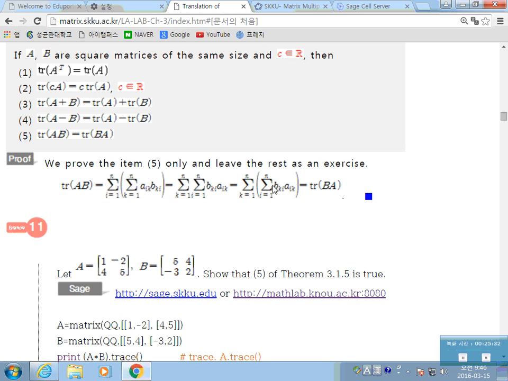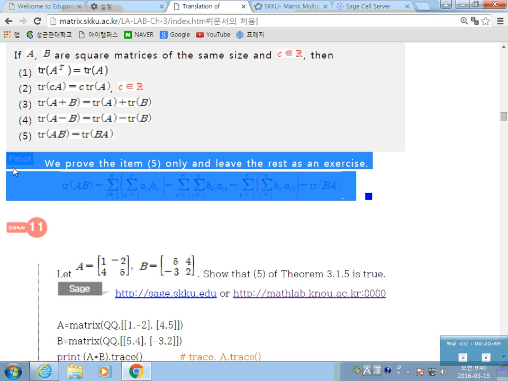And this is the main diagonal entry of BA, isn't it? And add all those. Then you will see they are the same. So the trace of AB, a scalar value, is the same as the trace of BA. This is the way to prove it.